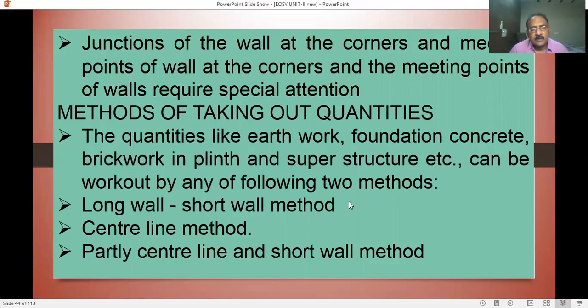In examination, the question may be asked as: calculate or estimate the building as per the plan and section of your building by long wall or short wall method or separate wall method. Okay, so both are the same.